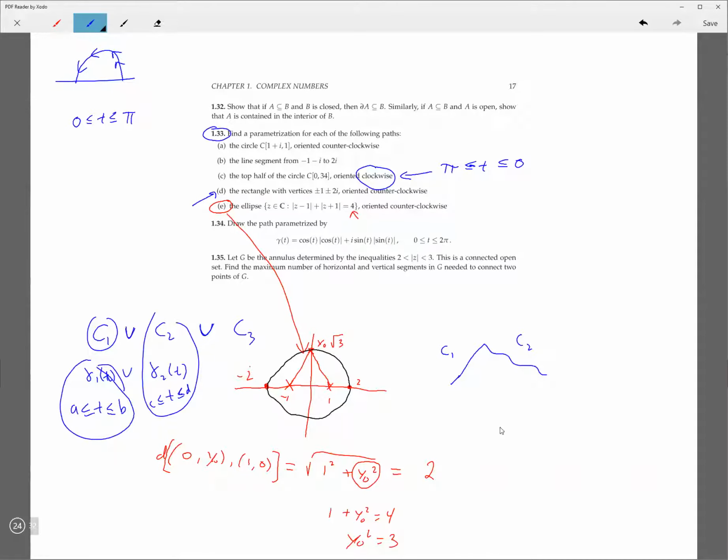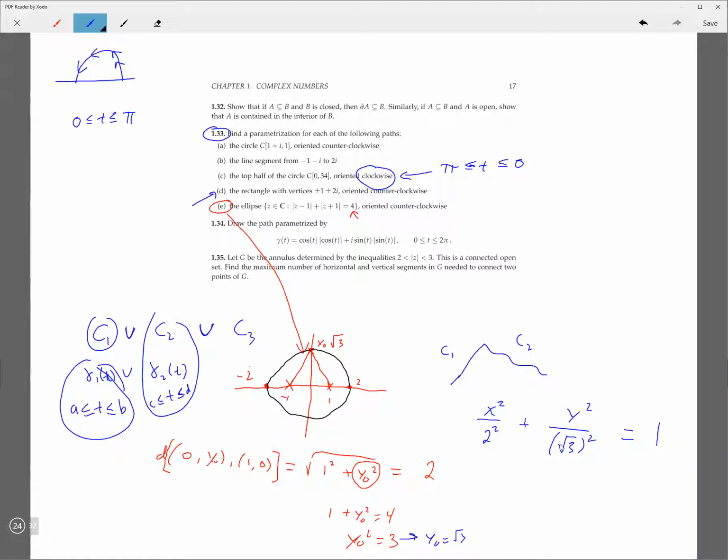And the equation of the ellipse is going to be x squared over 2 squared plus y squared over, now this is going to look weird, the square root of 3 squared, because y0 is the square root of 3, and the square root of 3 squared equals 3.